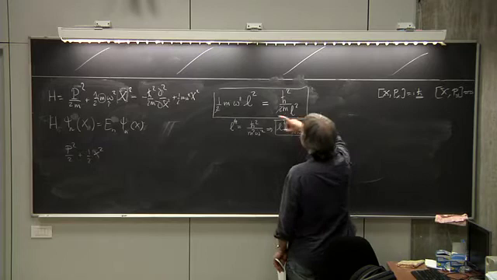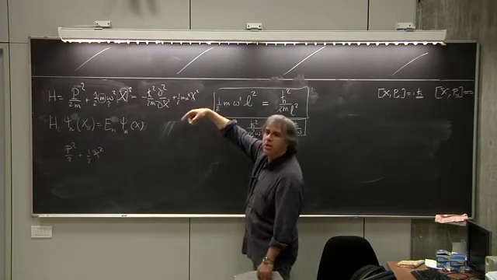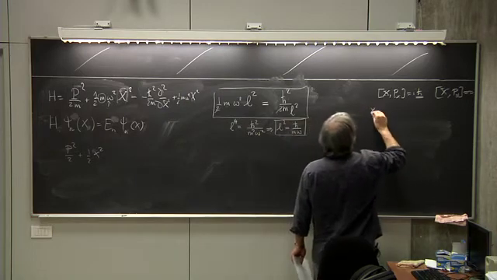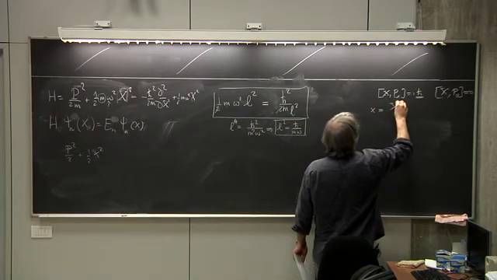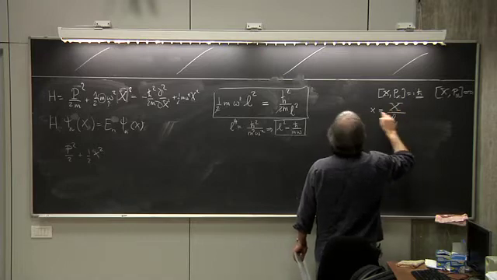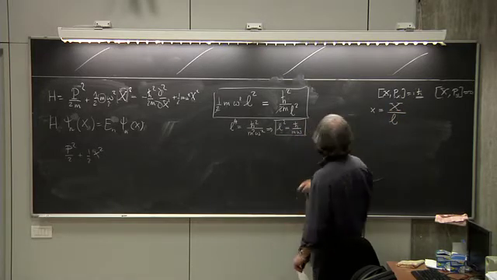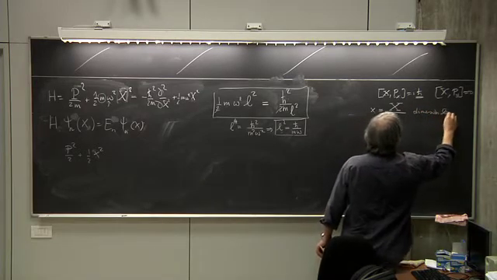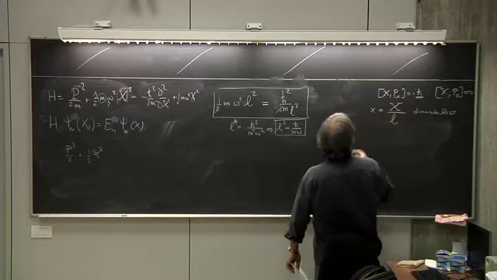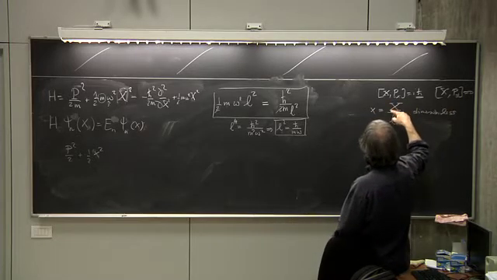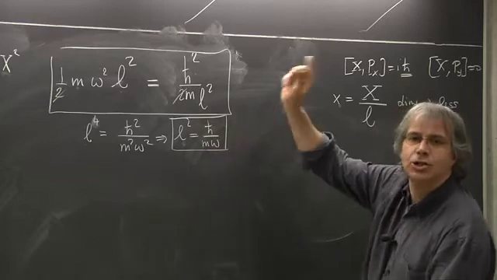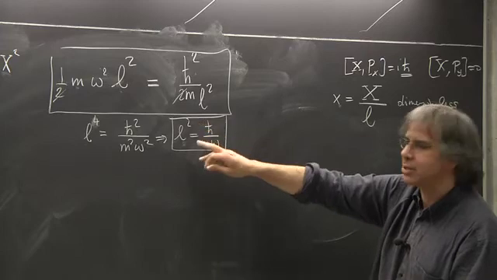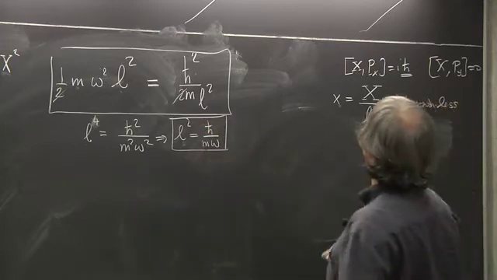For instance, rather than measuring things with the standard units, let us use x, small x, equal to big X divided by this length. This is now dimensionless. In other words, it measures x in units of this such and such, whatever, meters. It doesn't matter how many meters. It's L. There.